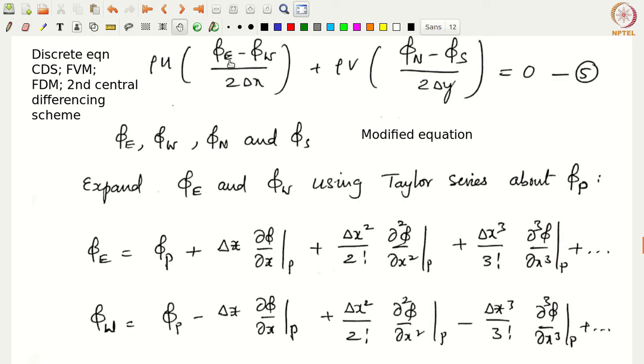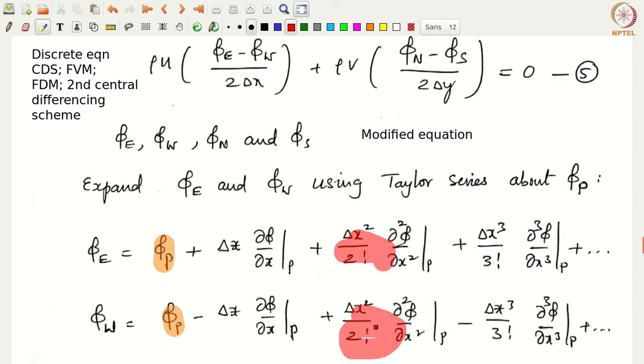So can we write what is phi E minus phi W by 2 delta x from here? Yes, we can. That will be this minus this divided by 2 delta x. That would give you phi p gets cancelled, right? And then these two, E minus W, would add up to 2 delta x, but that's what we are dividing with. So what remains is partial phi partial x. Then what about this term? This is a plus, so it also gets cancelled, right?